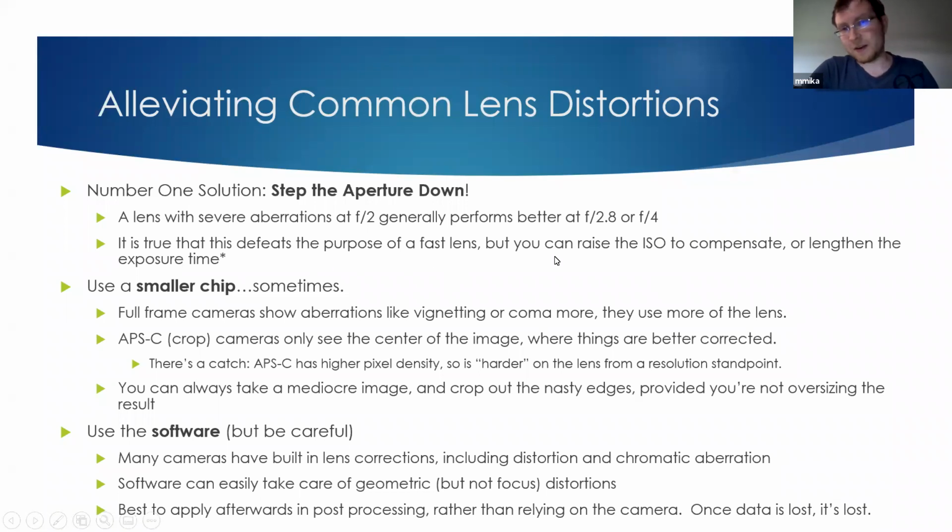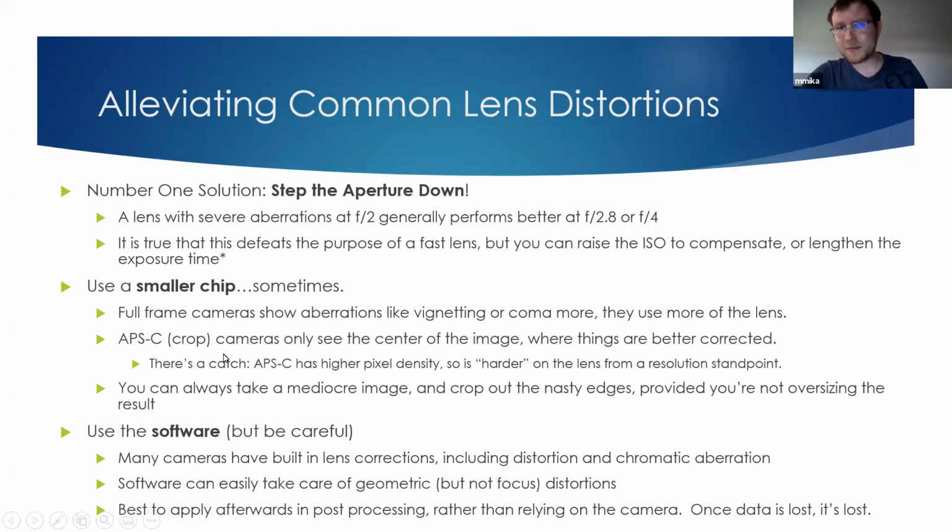You would have to raise the ISO to compensate, and then you get a grainier image. Sometimes you can use a smaller chip. Lenses generally fall apart in their edges. If you're only using the center of a lens, then you're using the best part of the lens, and you won't have so many aberrations.